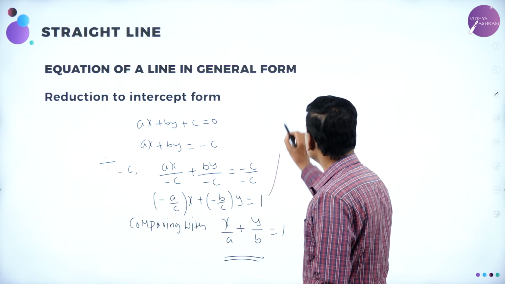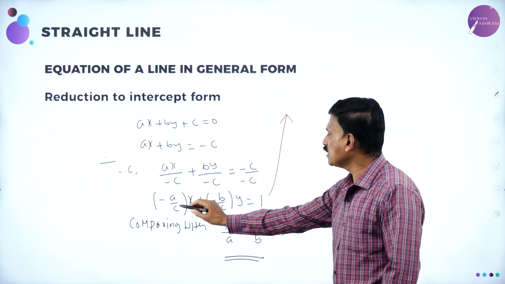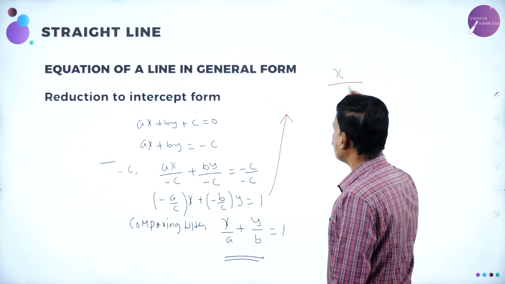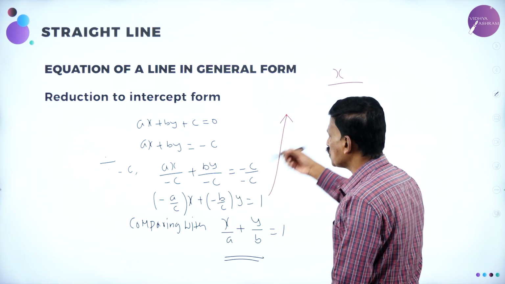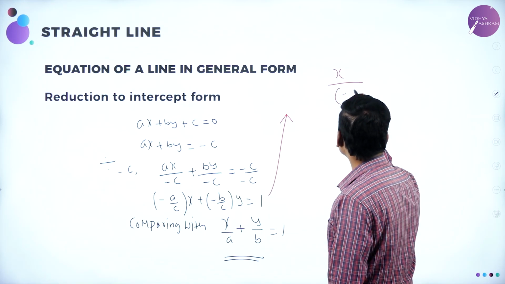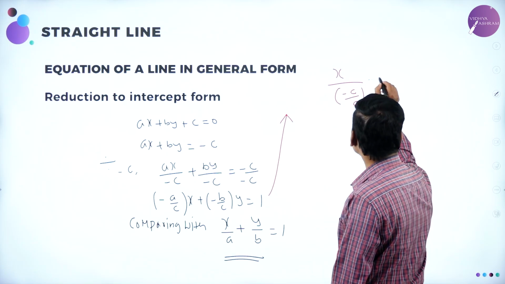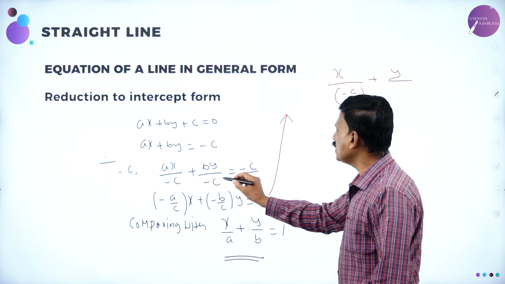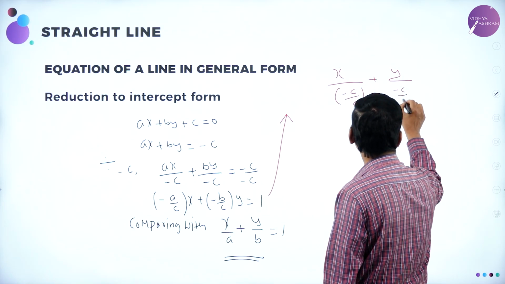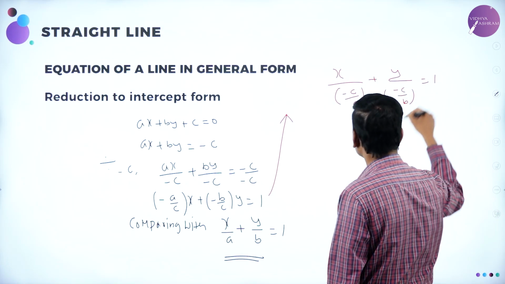Now this equation can be written as x divided by minus c by a, plus y divided by minus c by b, is equal to 1.